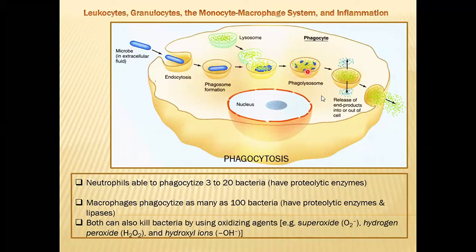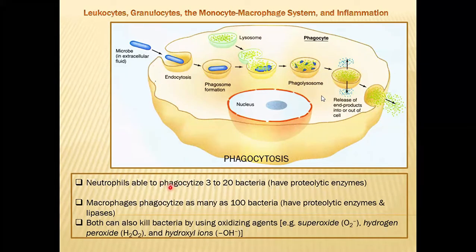The microorganism, if you notice, from a solid rod-shaped structure, becomes fragmented by the action of the enzymes found in your lysosomes. And then the end products will be released into the cell or outside of the cell.